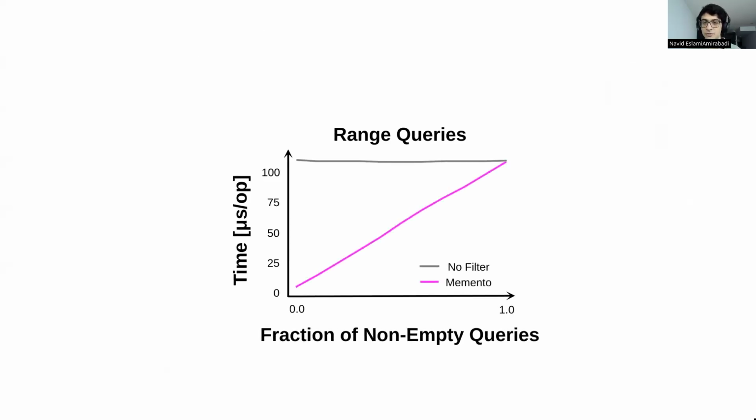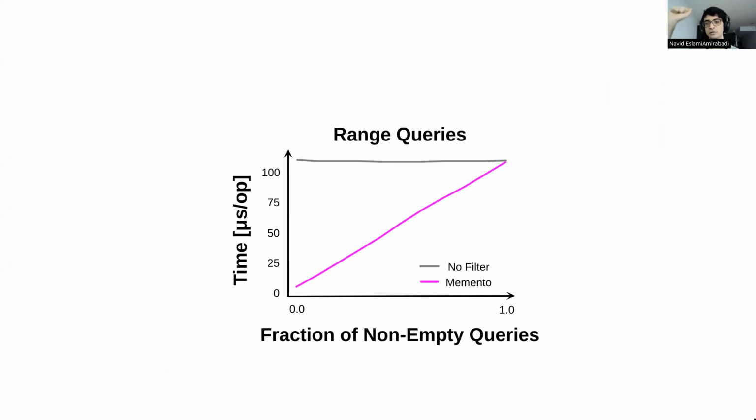When we add Memento filter and trade off some of the memory in the database for Memento filter, we get an immense boost in query processing. As shown, the boost in query time is proportional to the fraction of empty queries in the workload. So on the left-hand side, where almost all of the queries are empty, almost no time is spent on any of the queries.